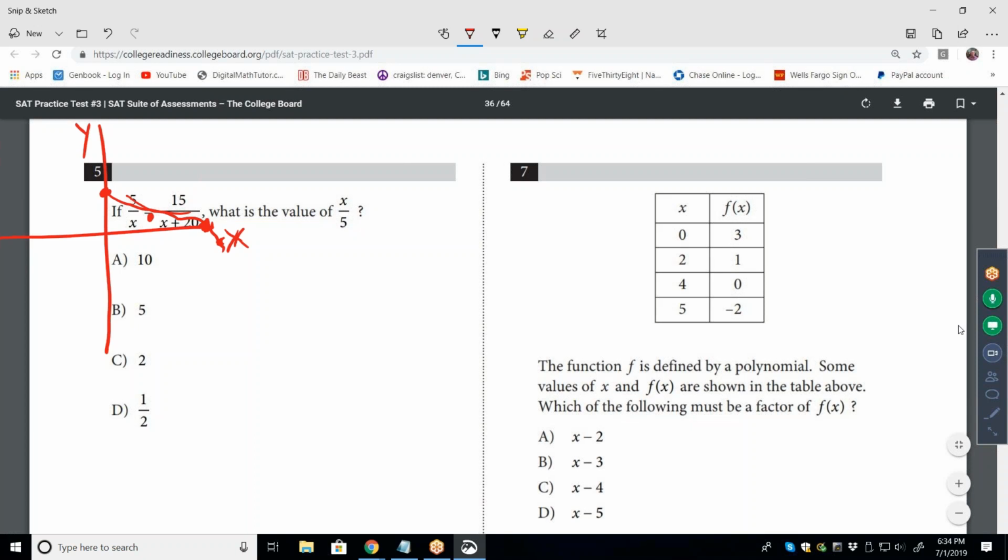Well, this represents a polynomial, that graph. And the question is, is it divisible by one of these factors?